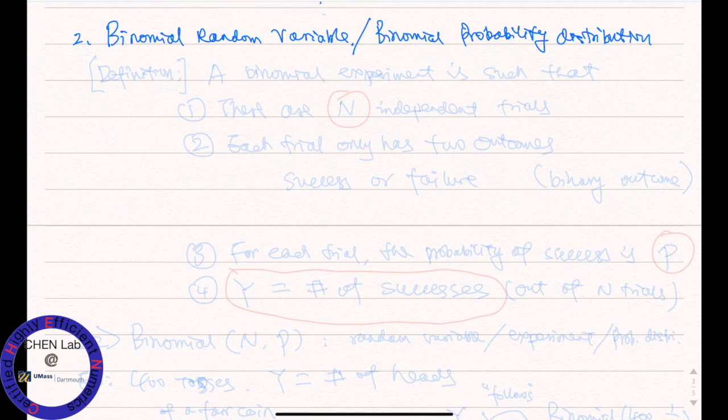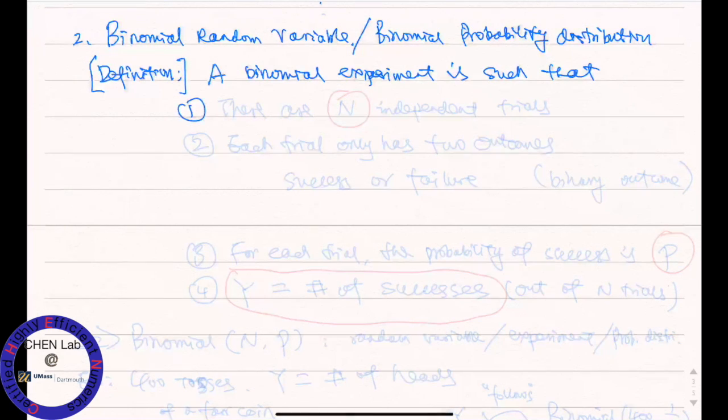So there's the definition. We define a so-called binomial experiment, which has a few characteristics.